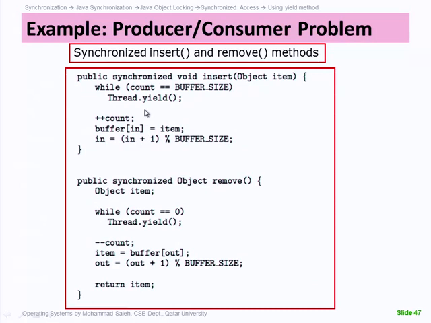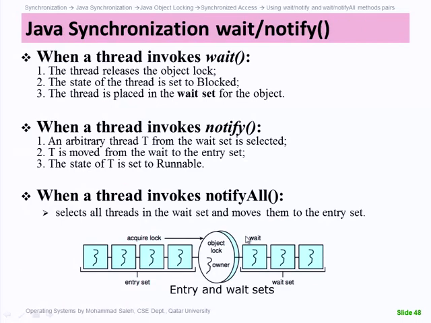This is done by wait. So instead of yield, I use what? Wait. As a result of wait, the thread will be placed in the wait set of the object. So all of these threads or processes in the wait set of the object are what? Blocked.